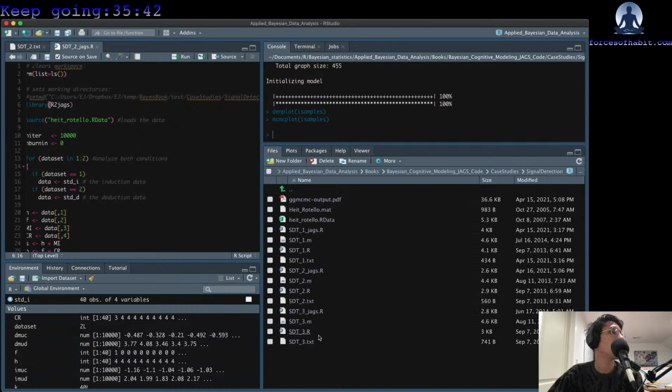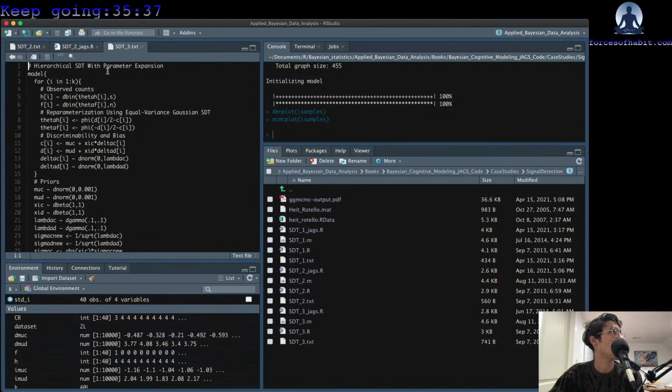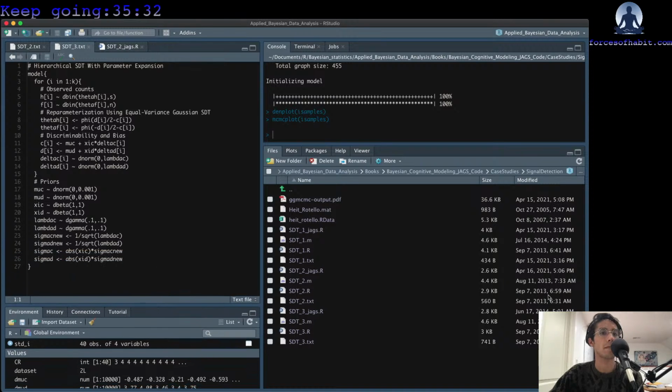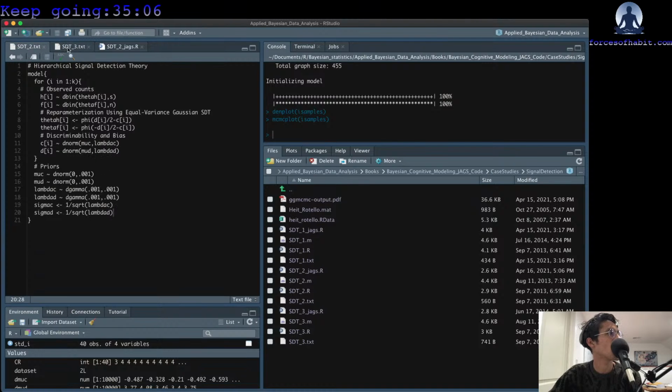If I pull up the model here and pull this down, you see nothing really changes up there, but when we're parameterizing discriminability and bias, we're adding this additional step, and then we have to set some priors here.